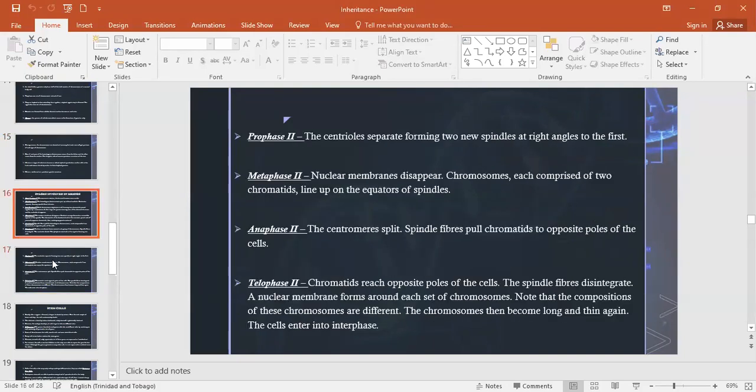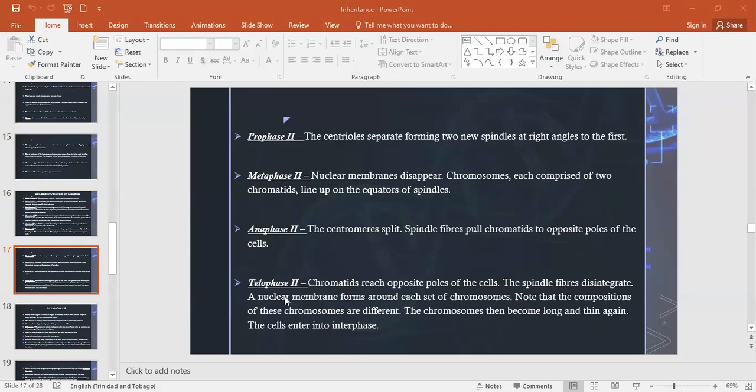Okay, so now we get to the second stages, which is basically 4 of them. All right? So it has to start again from prophase 2, but it's not the same as prophase 1. Metaphase 2, then anaphase, telophase 2 again, all right?